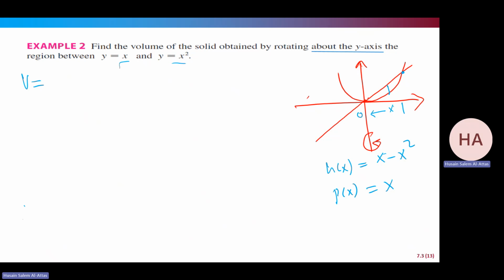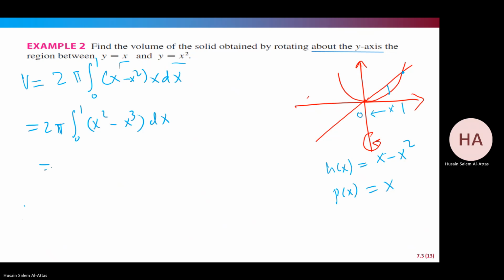This and this, they agree at 1. So the volume will be 2 pi, 0 to 1, x minus x squared times x dx. That will be 2 pi, x squared minus x cubed dx. That's going to be 2 pi, x cubed over 3 minus x to the power 4 over 4, from 0 to 1.